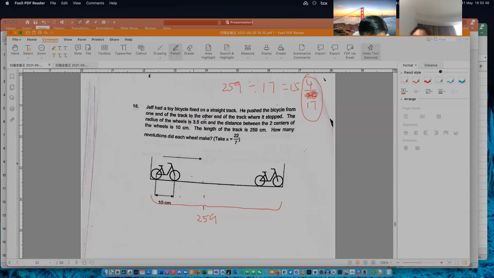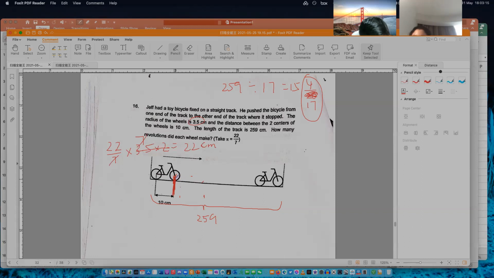The radius of the wheel is this, so 22 over 7 times 3.5 times 2, so this is 7. So it's 22 cm. Okay, so one round is 22.